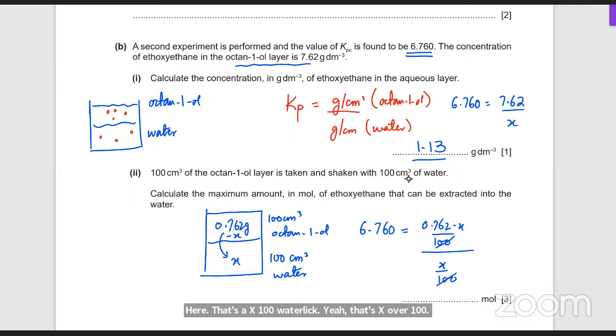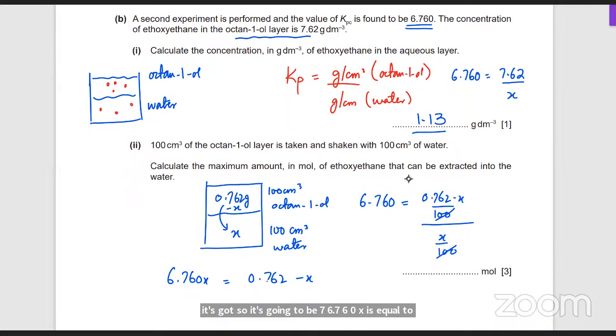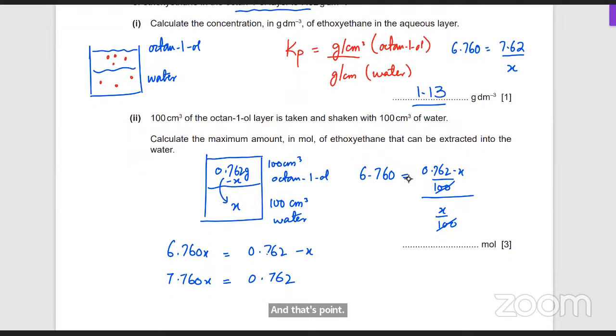So इसको आप solve करो तो it's going to be 6.760 x is equal to 0.762 minus x. Minus x को ले जाओ तो it's going to become plus x. So that's going to be 7.760 x and that's 0.762.